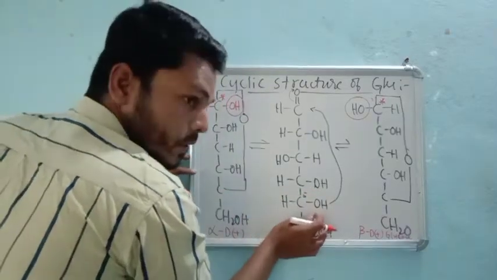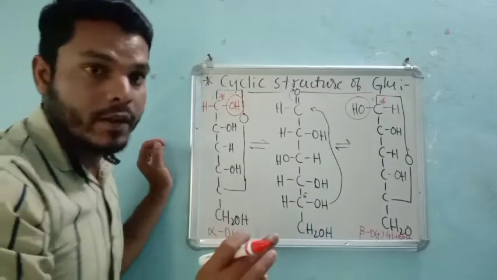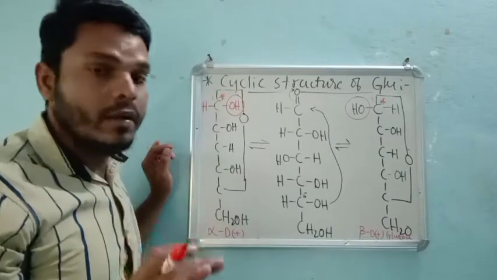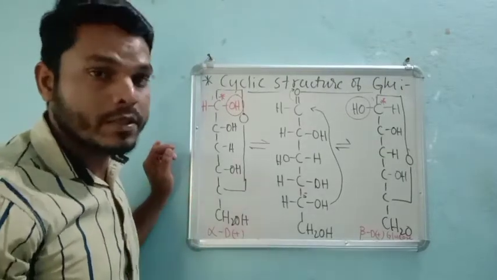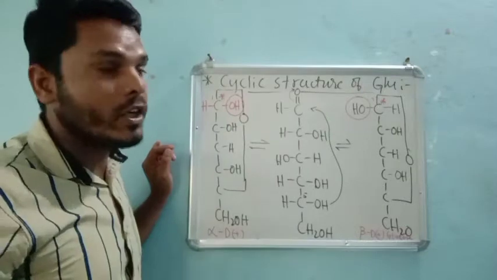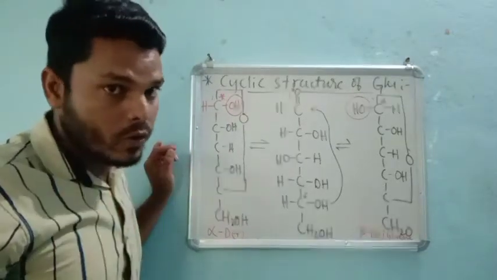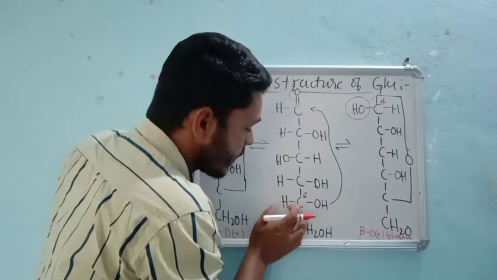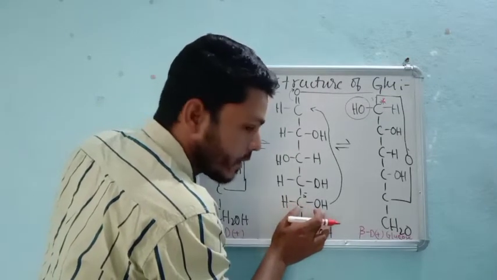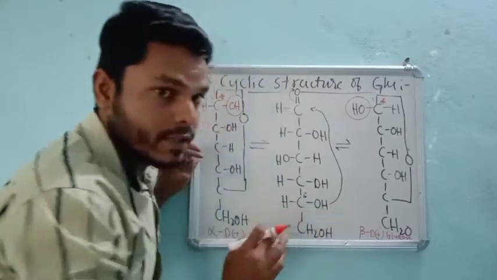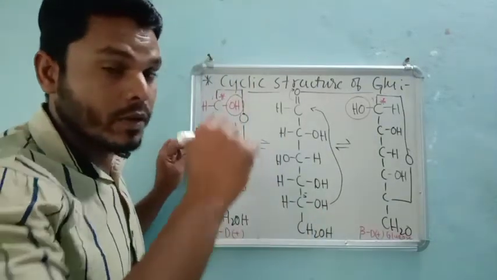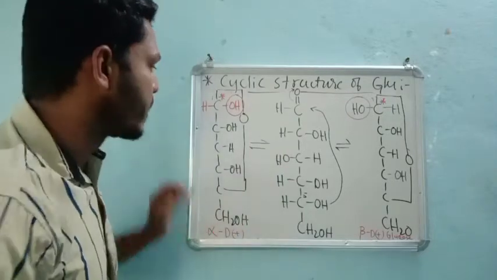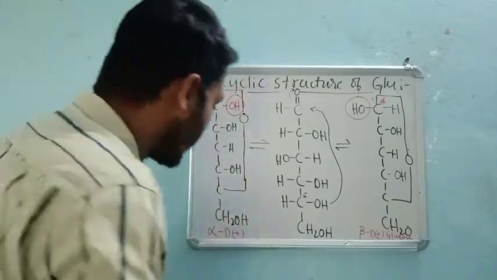As I said during the explanation, nearly 90 to 95% of the glucose we get in nature is in the dextrorotatory form. That means with respect to CH2OH, the next carbon atom has OH at the right hand side, so that's why we said this is dextrorotatory. I took glyceraldehyde as an example and explained, right? If you remember that.